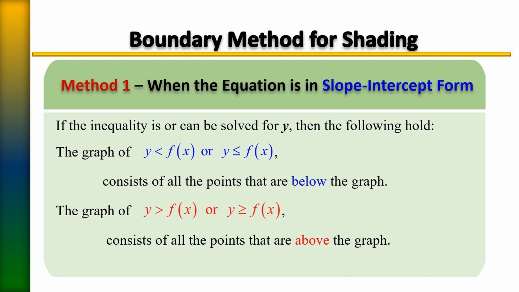And if when you solve for y you have greater than or equal to, then you're going to shade all the points and the region above the line. And that's the boundary method.